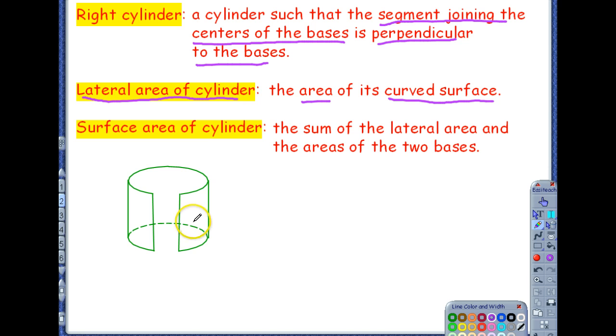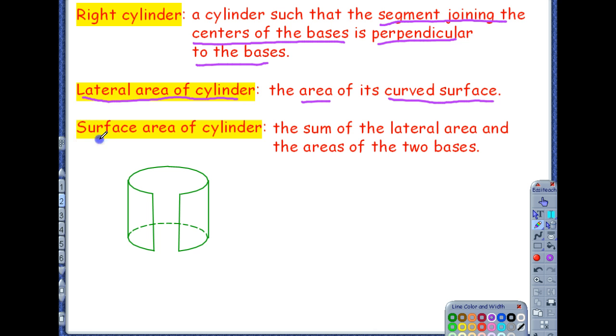If it's a right cylinder, that lateral surface is going to be a rectangle, just like the lateral surface of a right prism is a rectangle as well. We're going to talk about that more in just a little bit. But the lateral area of a right cylinder will be a rectangle.